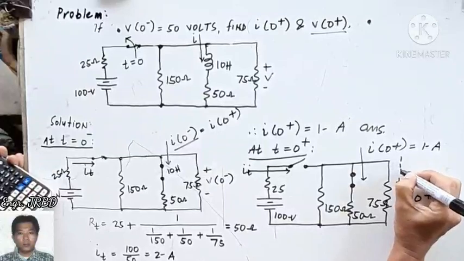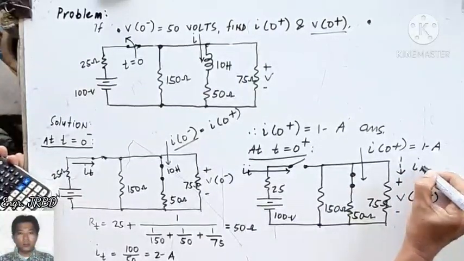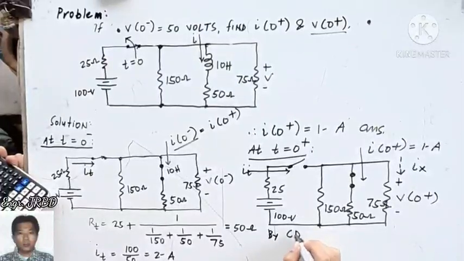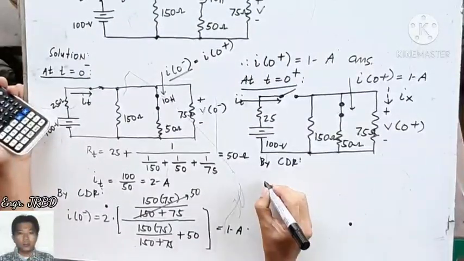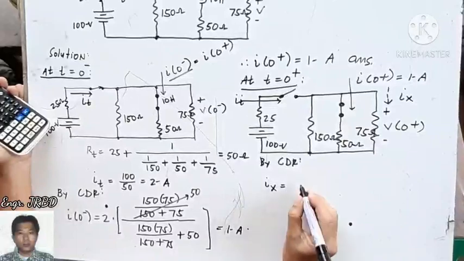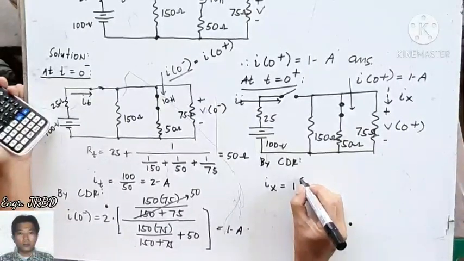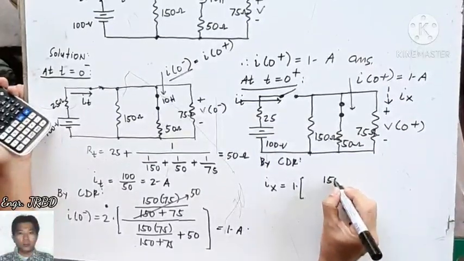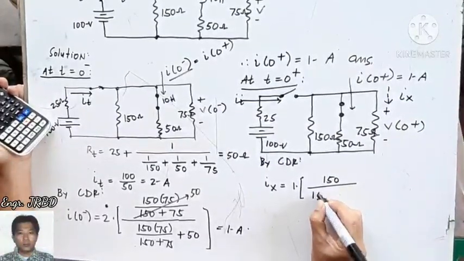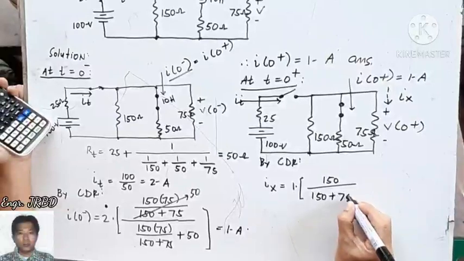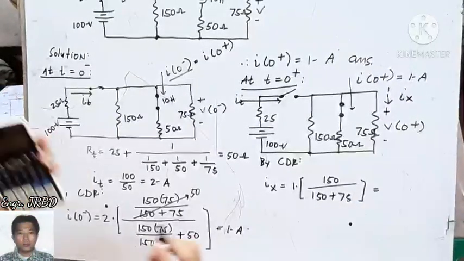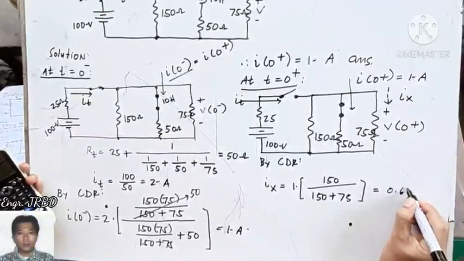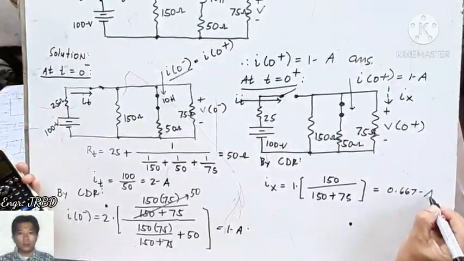Supposing that the current here is Ix, by the current divider rule, your Ix is 1 ampere times 150 divided by 150 plus 75, and that is 0.667 amperes.